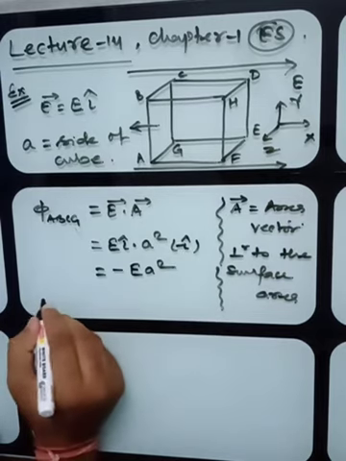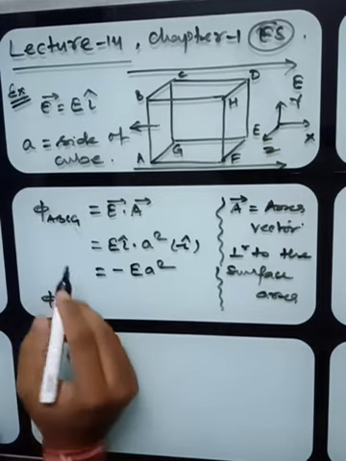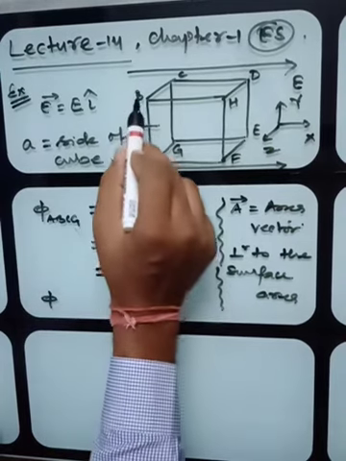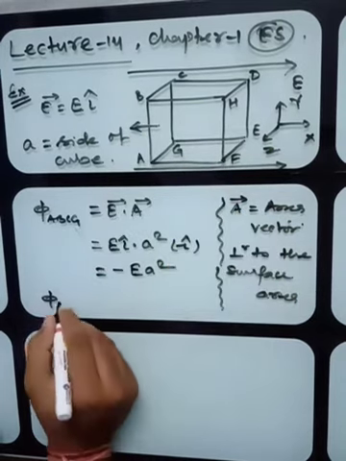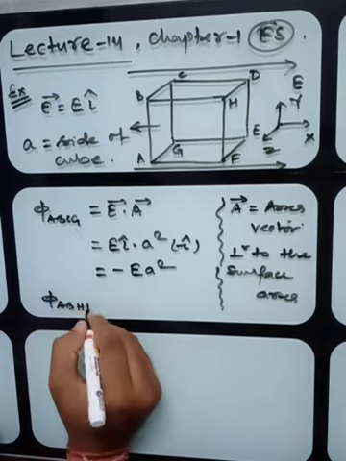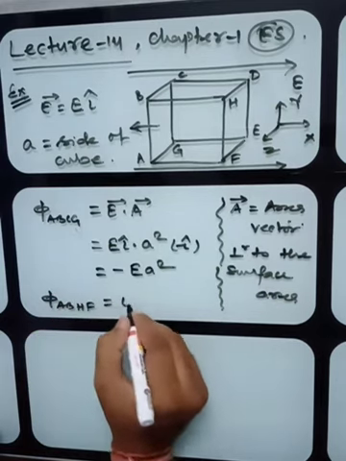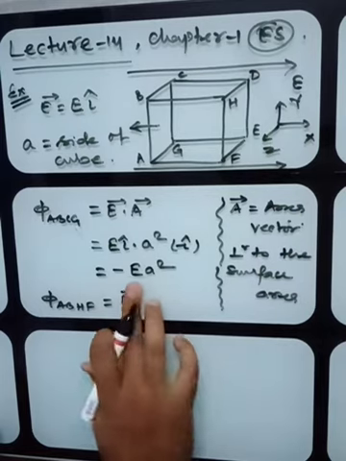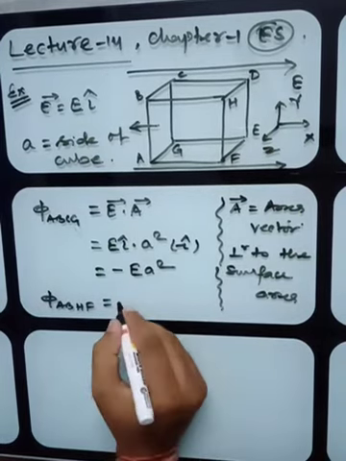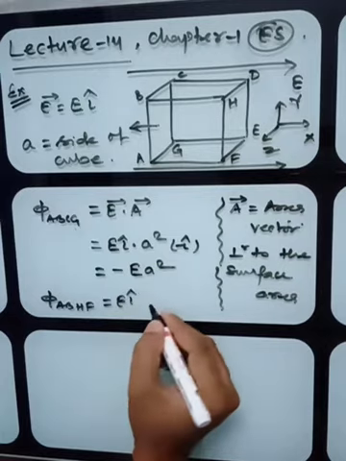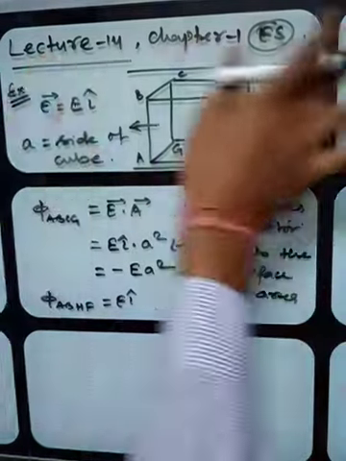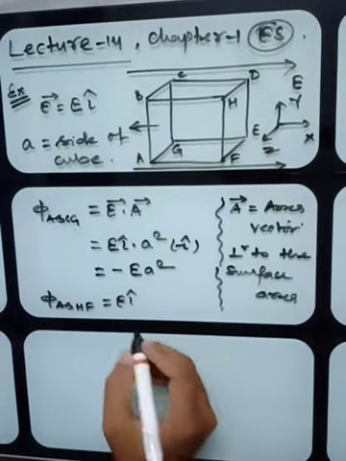In a similar way, you will find the flux through this face ABHF. It is E dot A again. Directly I'm writing here E I cap. For each face the electric field will be the same because the electric field is going in the X direction.